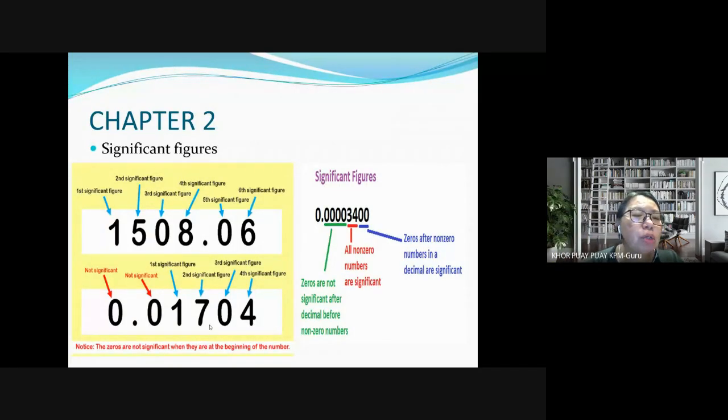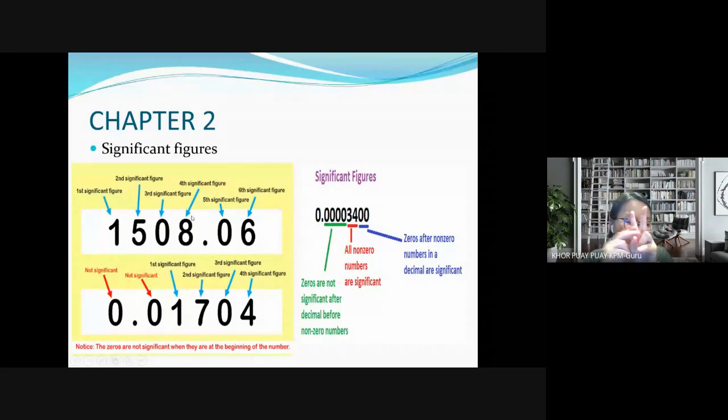All right. So let's look at the first number on top. Number 1 is counted significant. Number 5 counted as significant. 0 here, because it's in the middle of 2 numbers at the side, so 0 in the middle is counted significant. 8 is counted also. And then 0 at the back here, it is at the back of a point and at the back of a number.